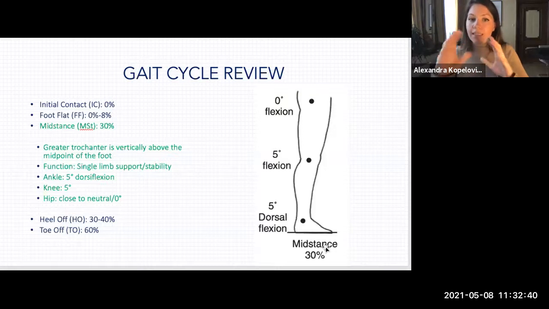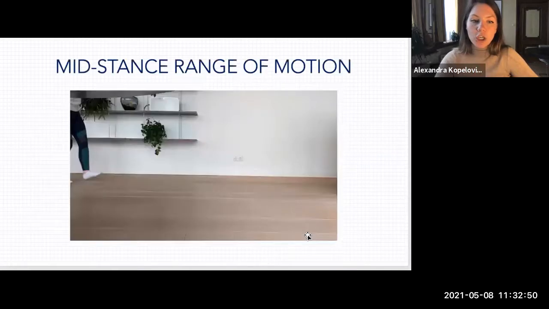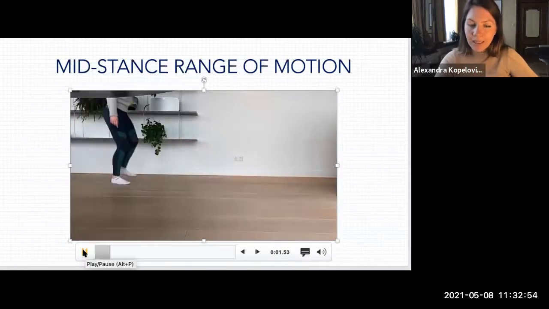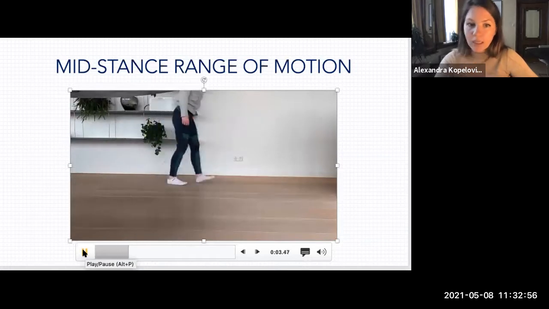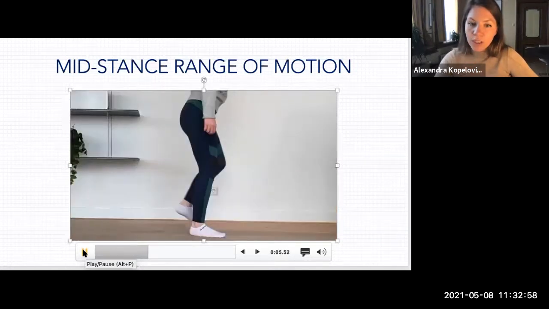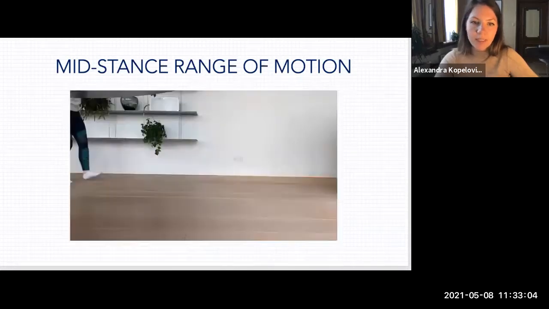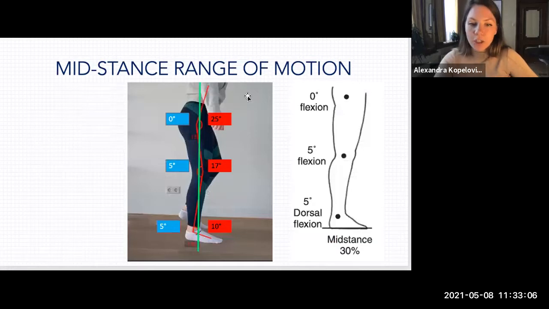So like I said, when you actively and passively check patients' dorsiflexion, you know that the number has to be about 5 to 10 degrees, and this is the number you will be reporting to the insurance company. So let's take a look at mid stance and whether our patient actually gets to that dorsiflexion, knee flexion, and hip flexion. Here's the picture of our patient in mid stance with all the values.